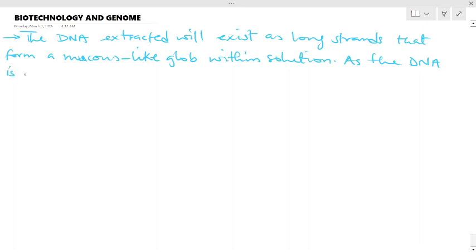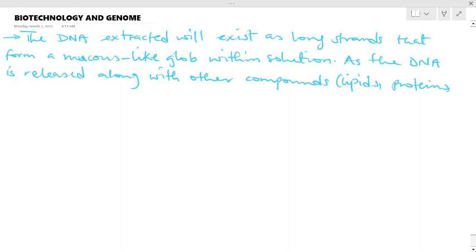As the DNA is released, along with other compounds like your lipids, your proteins, and carbohydrates like we earlier saw, all of these will be broken and they are all in solution.